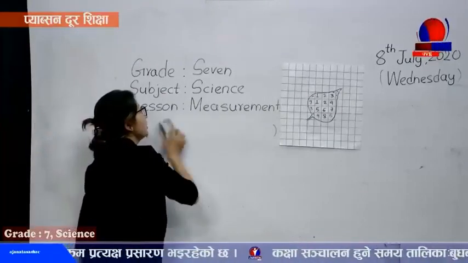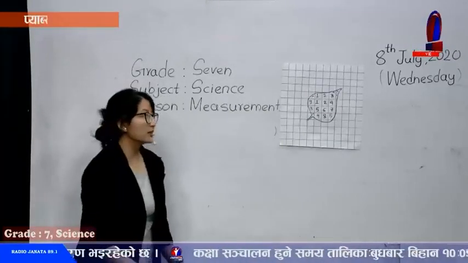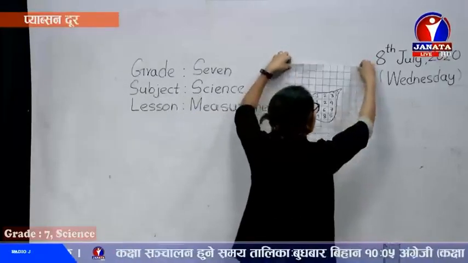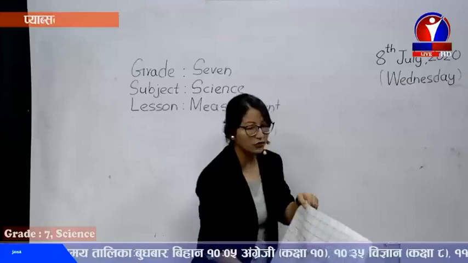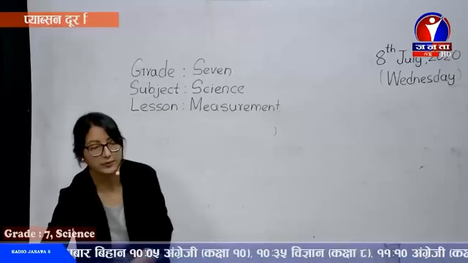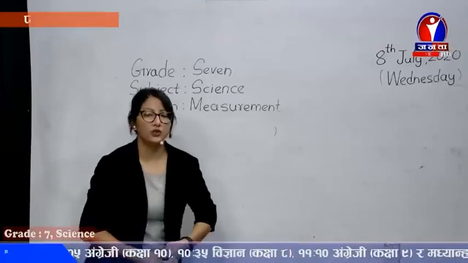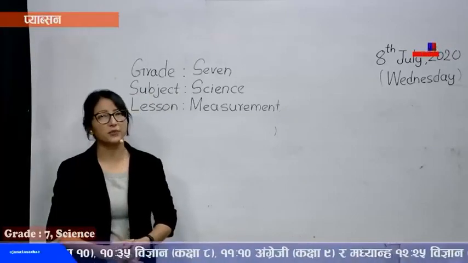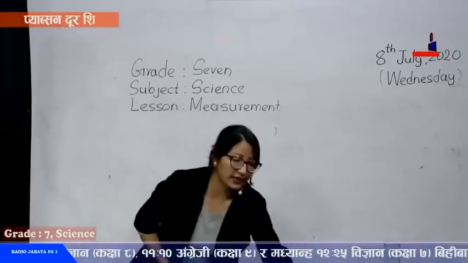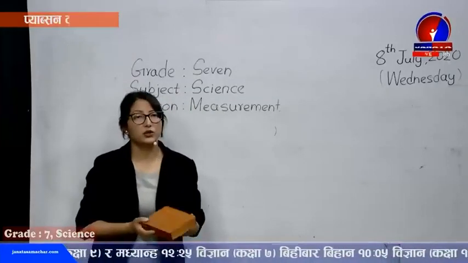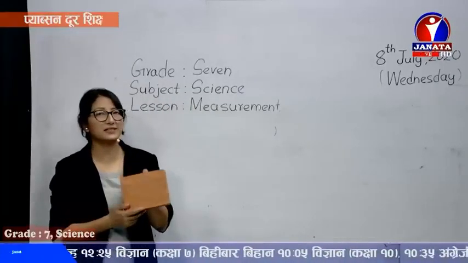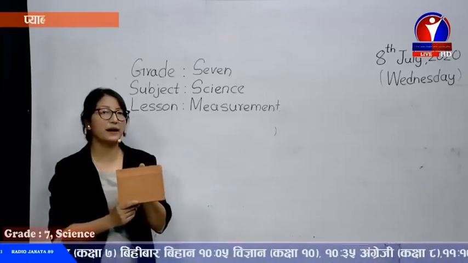So till today we have already studied about the calculation of area of regular and irregular object. So now we are moving to volume. So what is volume then? Previously we discussed area, the total space or the surface covered by an object.